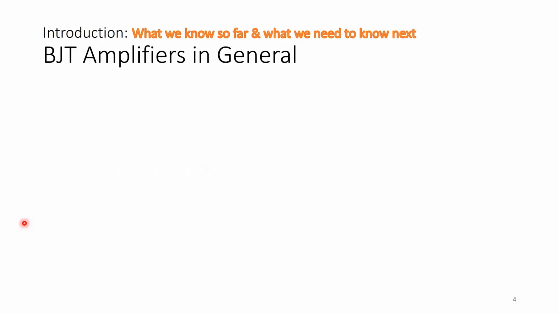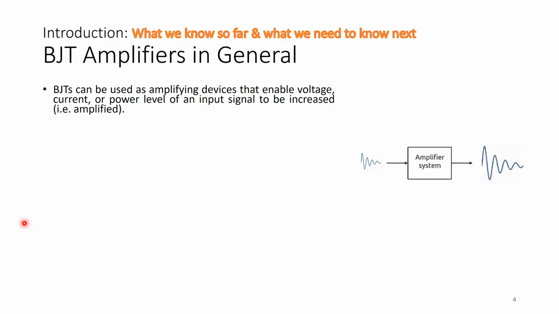So for the introduction, let's see what we know so far. We've done many videos, I think this is the 13th video, and here is what we need to know next for BJT amplifiers in general. We know that BJTs can be used as amplifying devices that enable the voltage, current, or power level of an input signal to be increased, i.e. amplified.